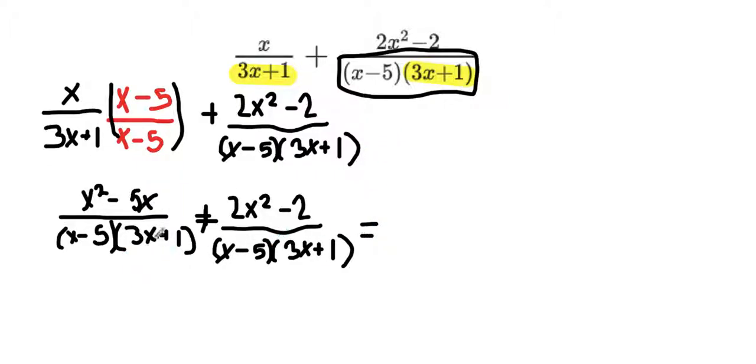Now I have like denominators. My denominators are x minus 5 times 3x plus 1. I can go ahead and add my numerator. So I have x squared minus 5x plus 2x squared minus 2. So combining like terms, I have an x squared here and a 2x squared. That gives me 3x squared.